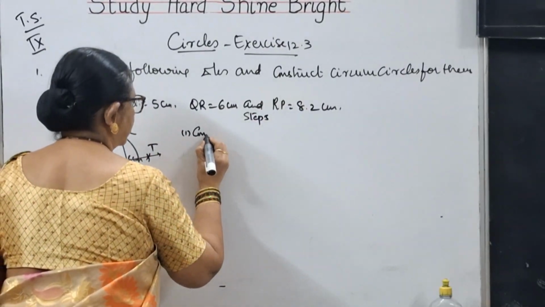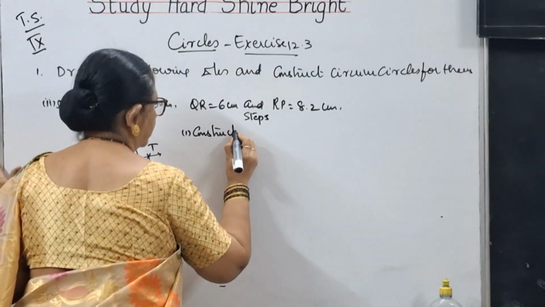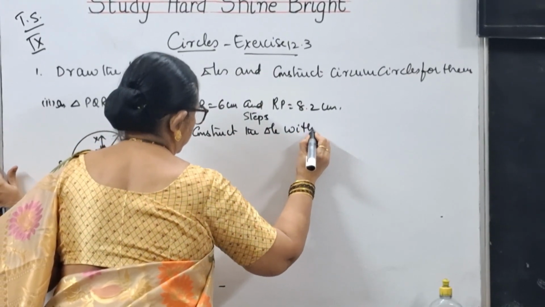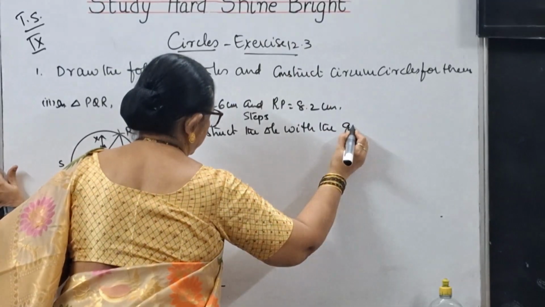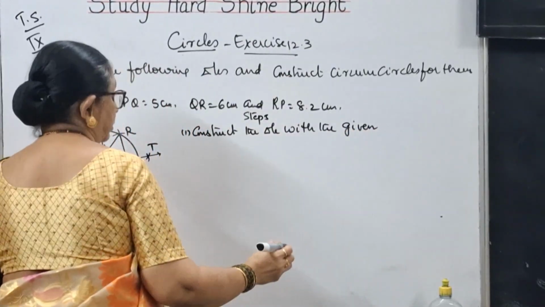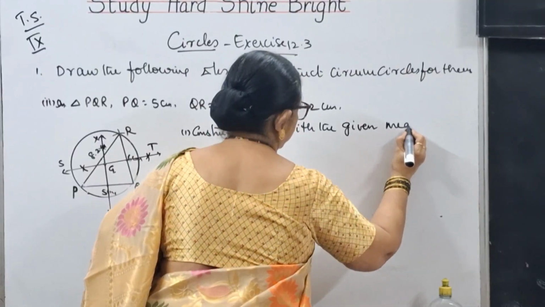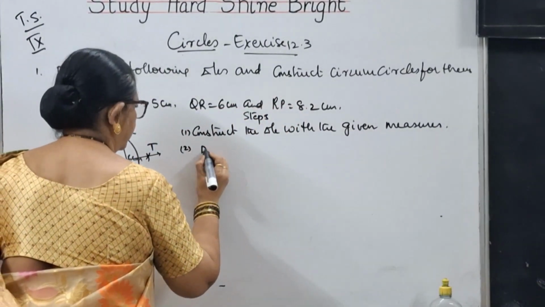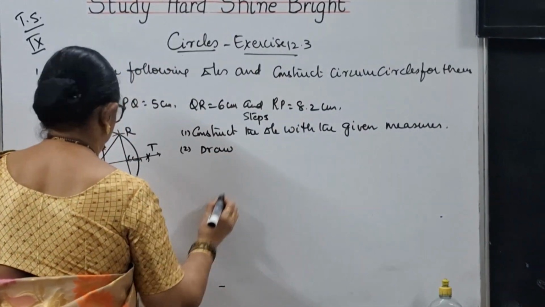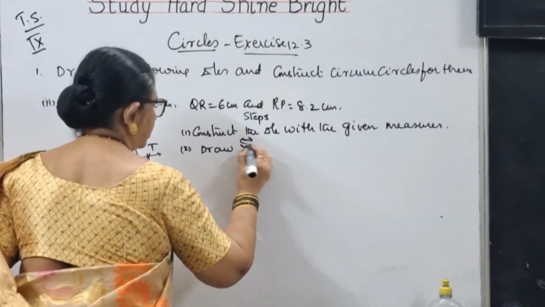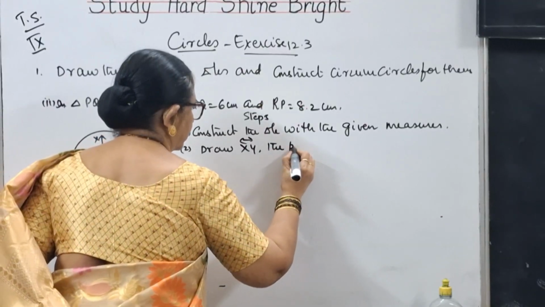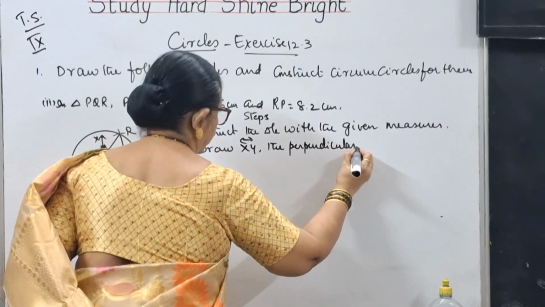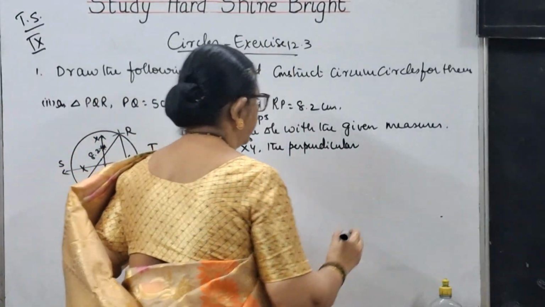First one, construct the triangle with the given measures. Draw XY, the perpendicular bisector of PQ.